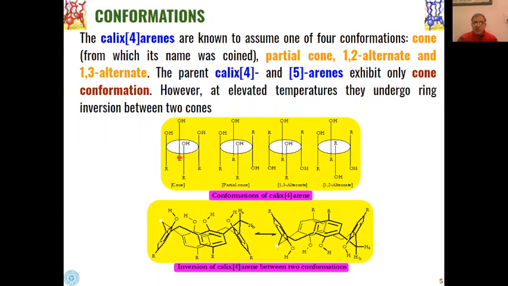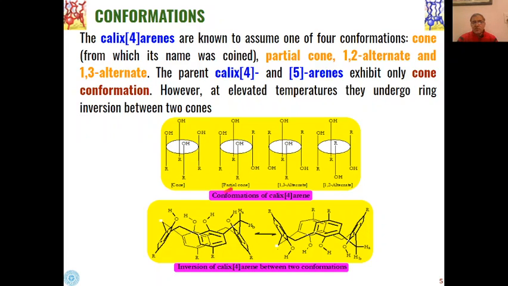They can have 4 conformations in which different groups can be present. The basic conformation is the cone conformation, where all 4 hydroxyl groups are present on one side and all 4 aromatic rings are present on the other side of the molecule.